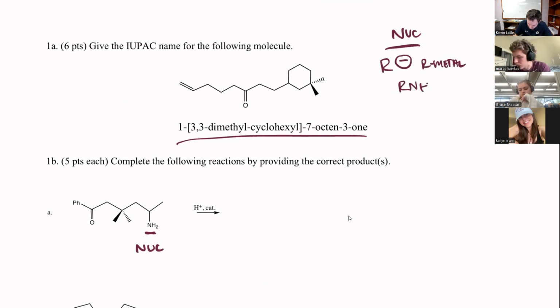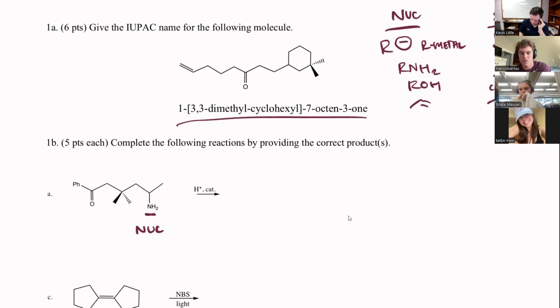We have amines, alcohols, sometimes double bonds, whereas with electrophiles, we're really looking at carbocations, carbonyls, and things with leaving groups on them. These are our big picture ones. Looking at this chart, this amine fits nicely in the nucleophile section.